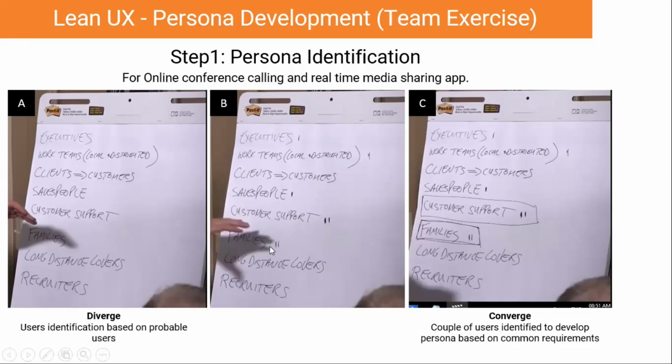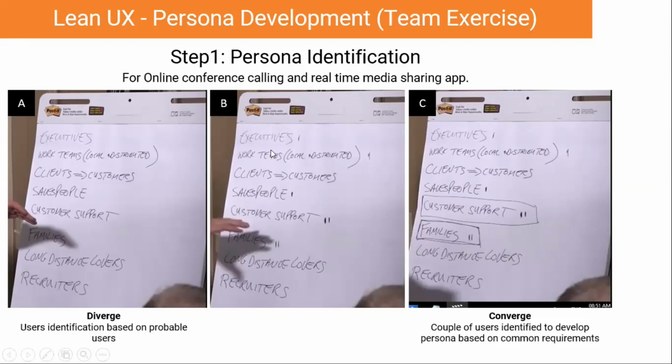Families is something more, maybe of a diverse experience. Some of them could be novice users, some could be experienced users. We need to cater to family members who are children, and elderly people who need glasses to read and go through. So I would say they may need a different set of requirements and a different persona, because we need to address their needs as well. So customer support and families are two distinct personas.